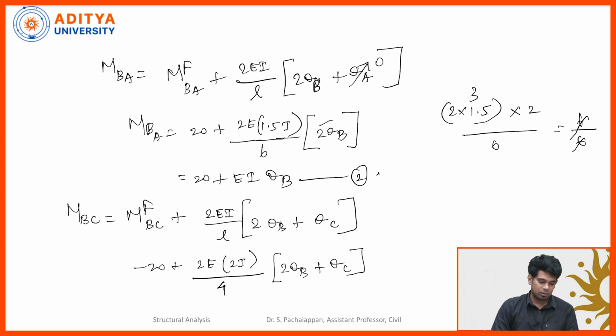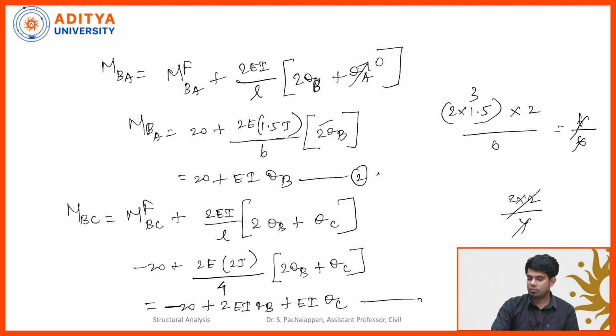So we will be having minus 20 plus, so these get cancelled, and only we have 2 times of theta B. So 2 times of EI theta B, and then plus EI theta C. So this is our equation 3.